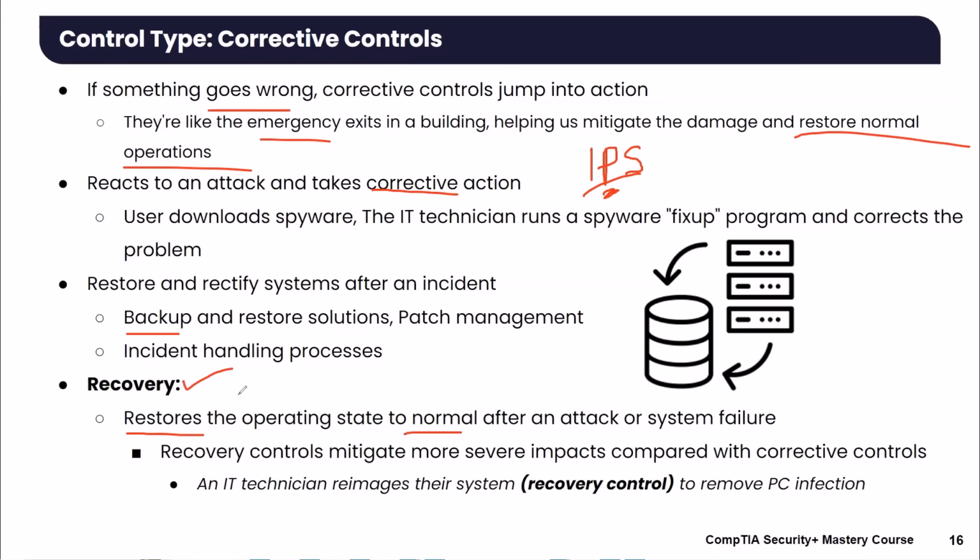And with recovery controls, we're recovering things to bring them back to a normal state. The IT technician goes in, re-images the system, and recovers that system after the system failure or attack. Or the technician removes the infected computer from the network or the environment.